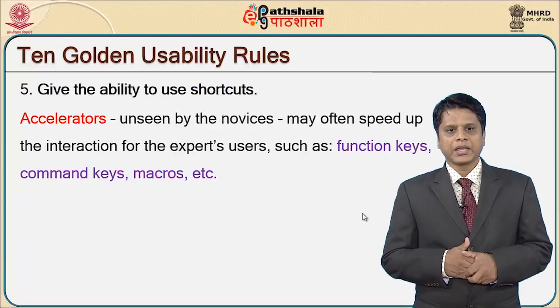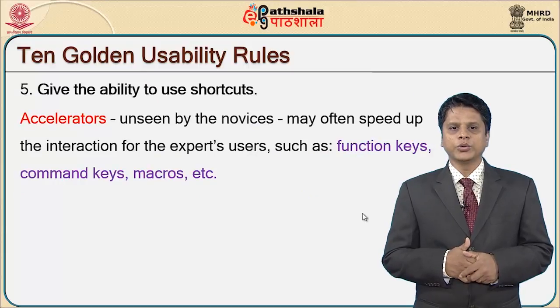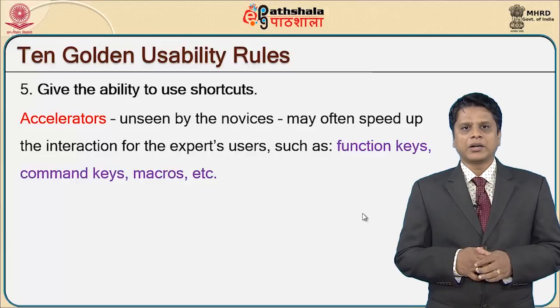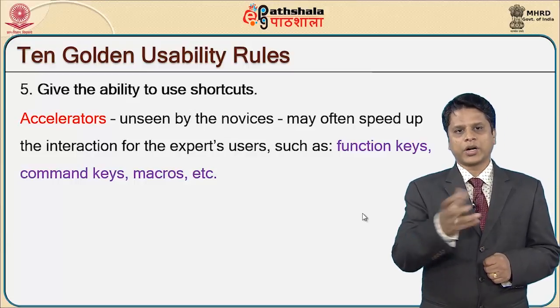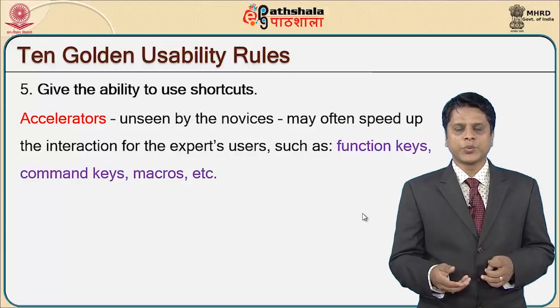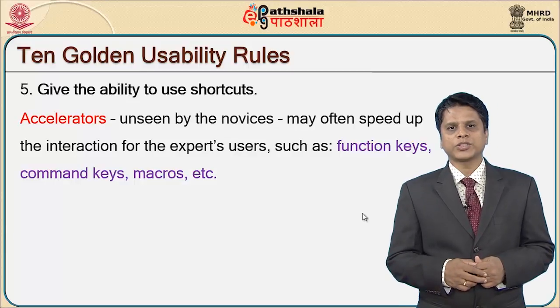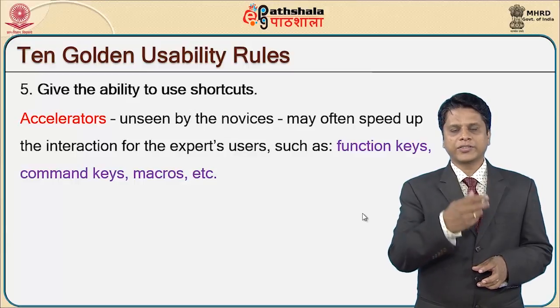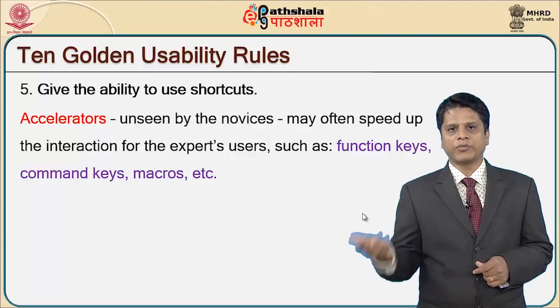Rule 5. Give the ability to use shortcuts. So there should be appropriate buttons for creating shortcuts. Say when you have used Word, to get to know about more of the shortcuts, when we press the Alt key, it gives us an indication of what kind of shortcut we can use to move from one thing to the other.